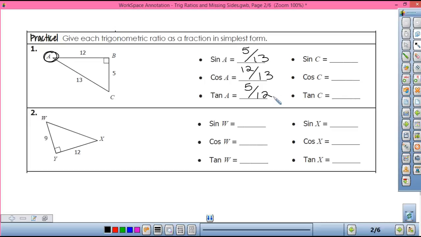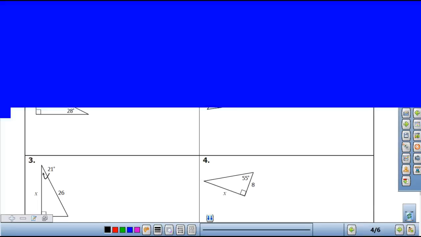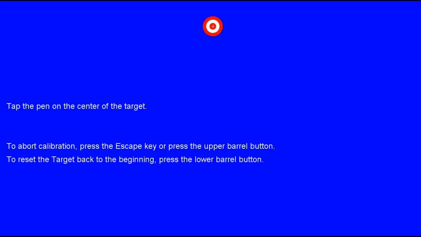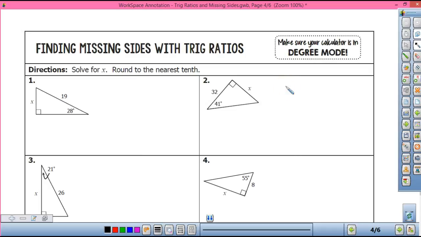Alright, so now we are going to use proportions to find sides. So flip your page to page 18. We're going to go from the angle that's given to us. In this case, 28 degrees is our angle, right? From 28 degrees, we're looking for what side?